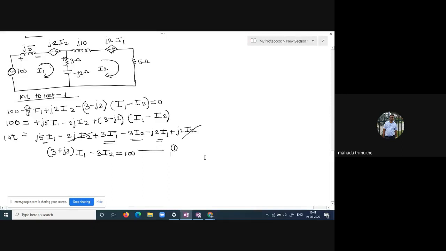Similarly, you have to apply KVL at second loop.